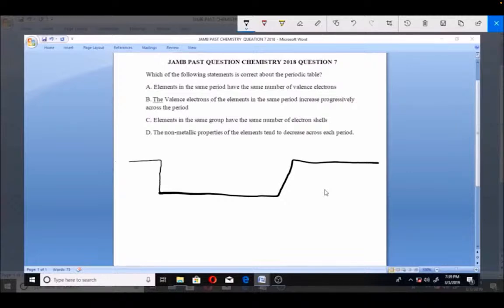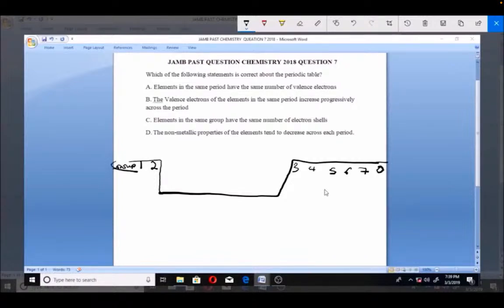And basically, they are arranged into groups of 1, 2, 3, 4, 5, 6, 7, and finally 8, which is actually group 0. So that is the groups of the periodic table.